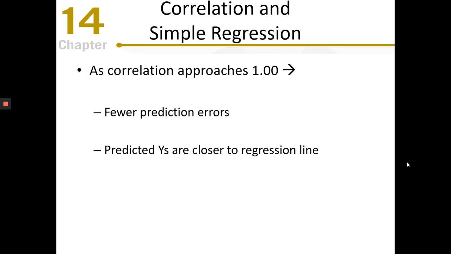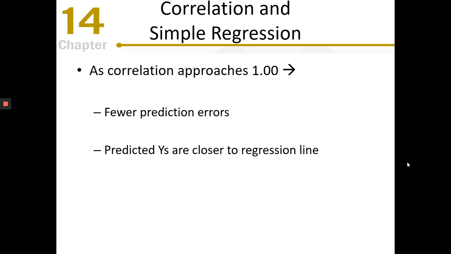So just sort of tying these two things together, correlation and simple regression. As our correlation approaches 1, remember that we had a tighter circle around our dots. As our correlation gets lower than 1, goes towards 0, our circle around the dots gets wider and bigger because there's more errors.